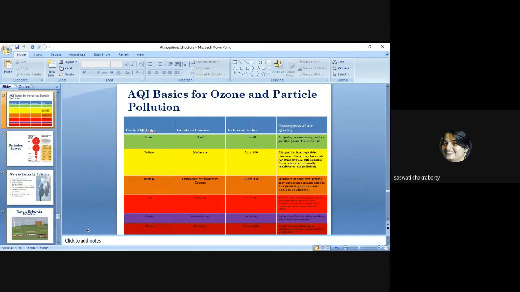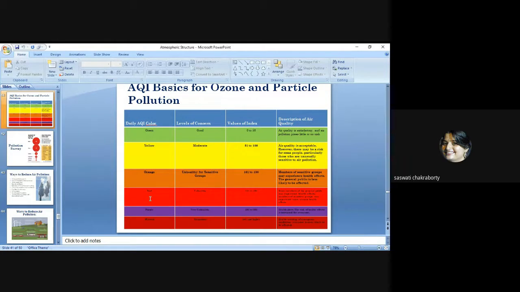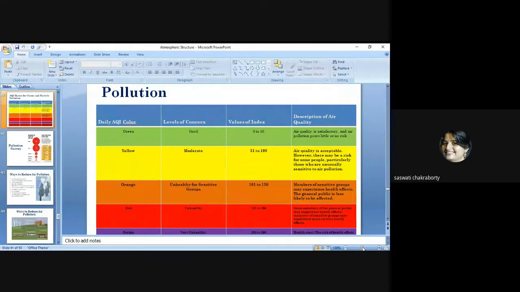See, here is the index. Students, can you see this? First is green. See the color, the green. The level of concern is good. Range is 0 to 50. Is it visible? Yes, ma'am.